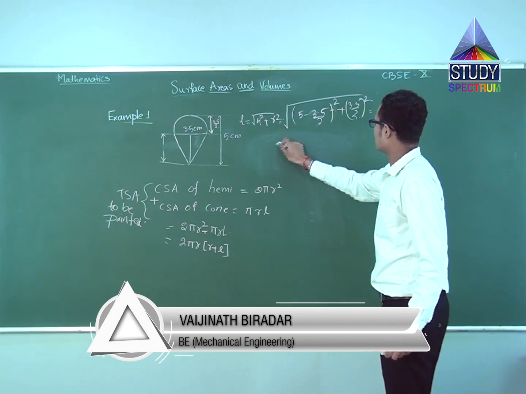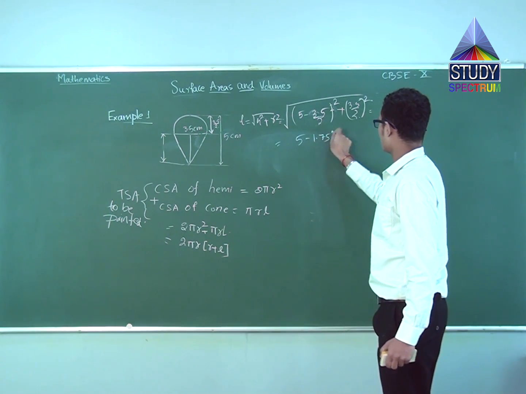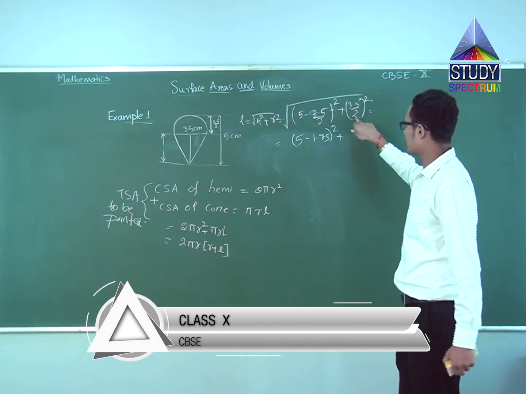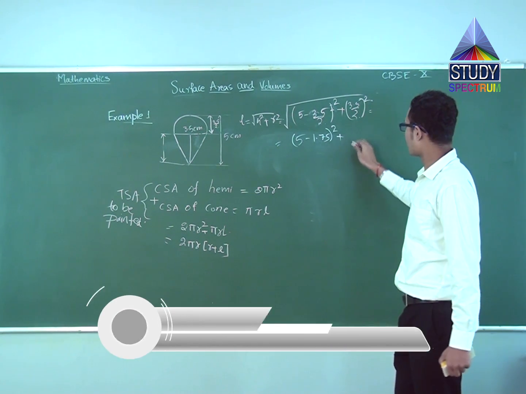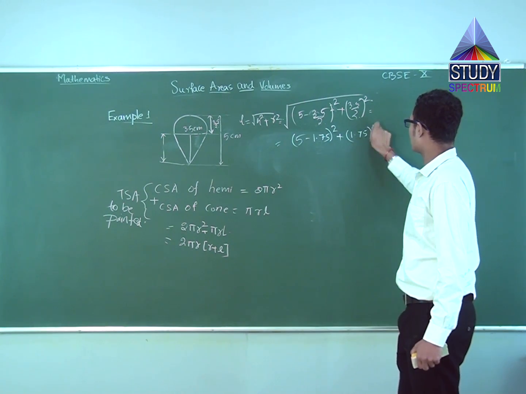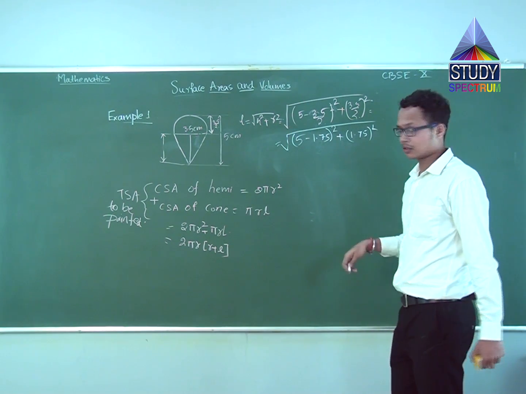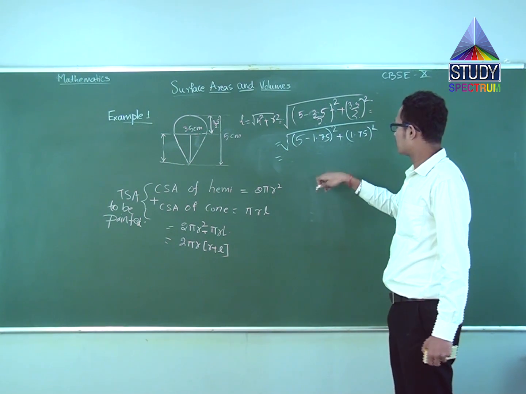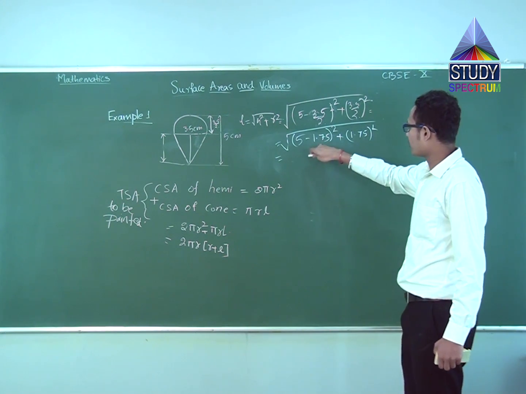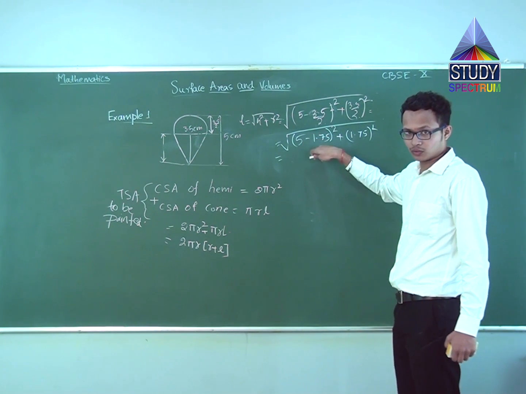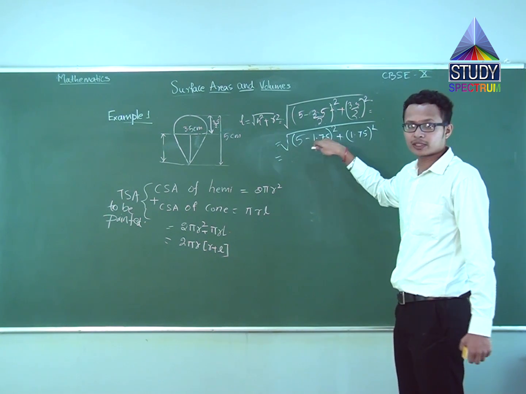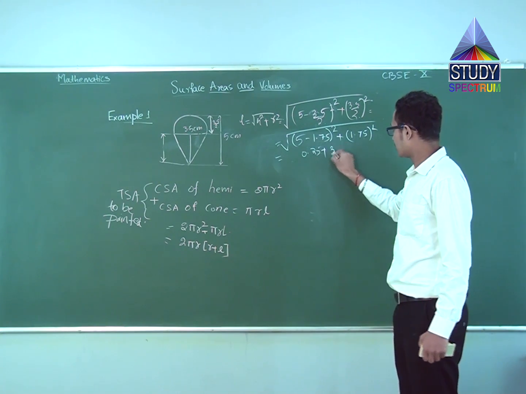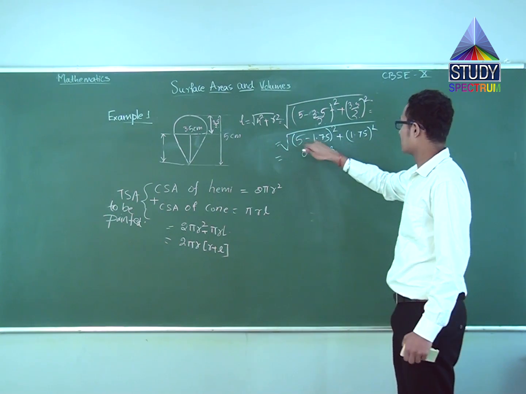So this is 5 minus 1.75, whole square, plus, as we have done previously, 3.5 by 2, which is equal to 7 by 4, again 1.75, whole square, under root. 5 minus 1.75 is 3.25: just add 0.25 to 1.75 and you get 2, then 0.25 plus 3 gives 5 minus 1.75.